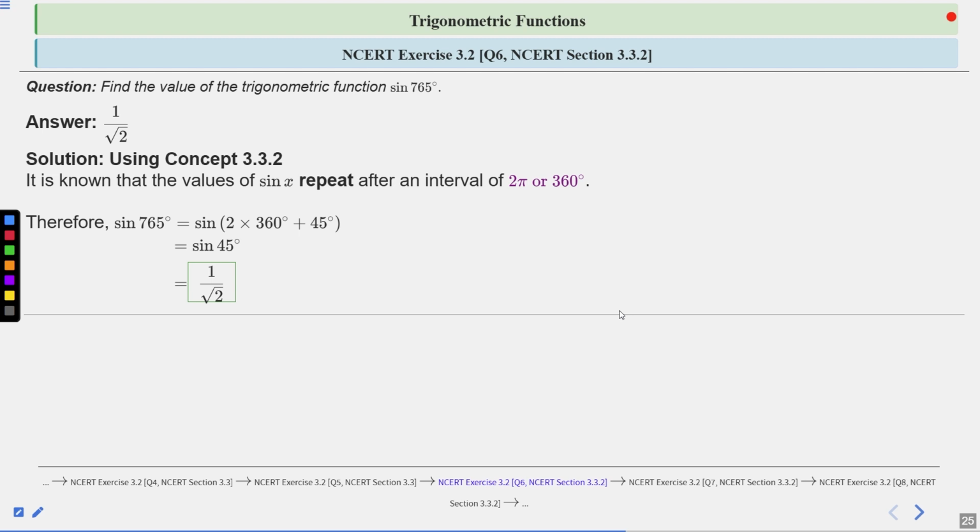And we know that sine (2 pi plus theta) is basically equal to sine theta. Therefore, sine (2 into 360 degree plus 45 degree) is equal to sine 45 degree, which is equal to 1 upon root 2. Okay, let us move to the next question.